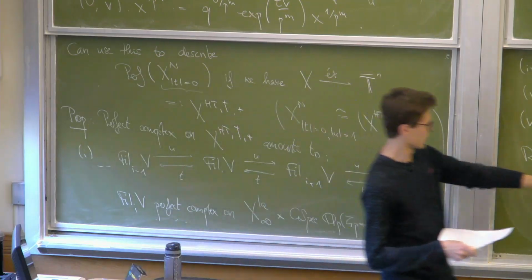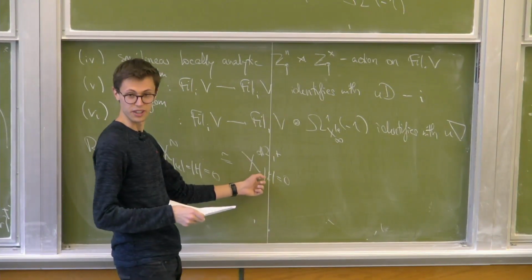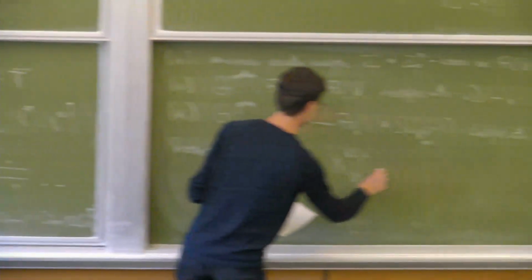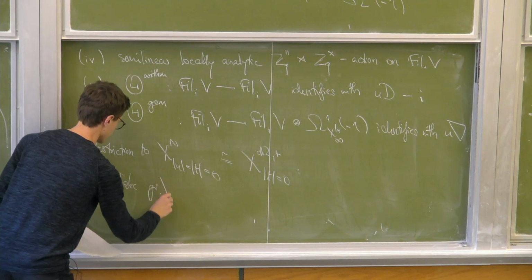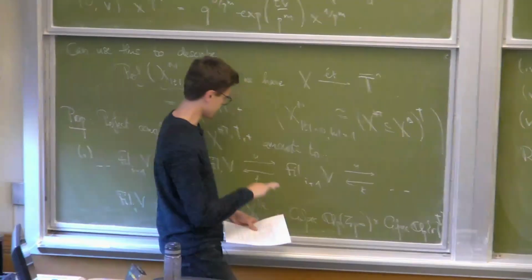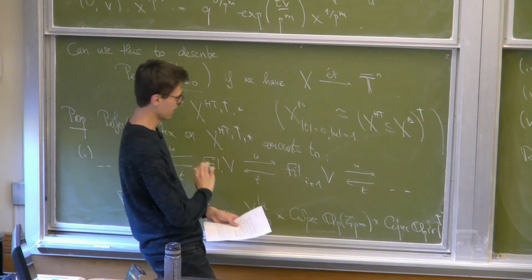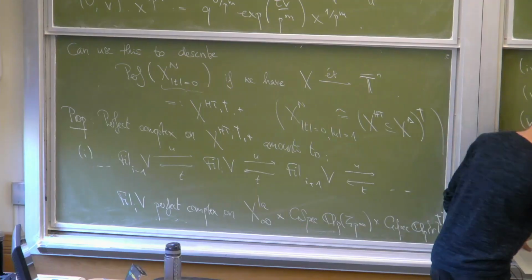So I should get a filtered perfect complex with connection. And how this works is, well, you take the ith graded along these U maps, and then you twist by i.